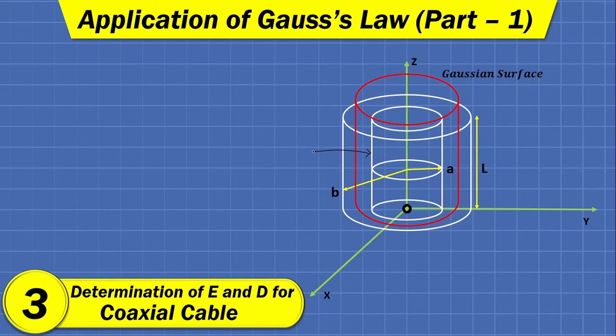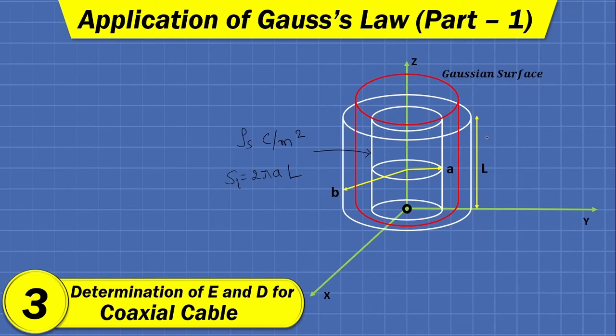So for inner conductor, the surface charge density is rho s coulomb per meter square. Fine. And the total surface area or curved surface area, S inner, will be 2 pi A into L, where A is the radius of the inner cylinder.